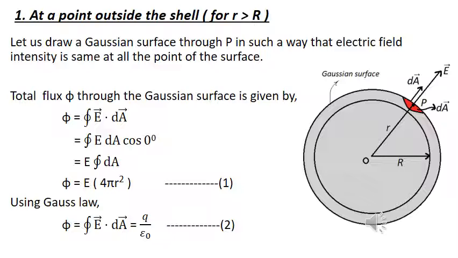So after integrating dA over the whole surface, we get flux phi is equal to E into 4 pi r square. Here 4 pi r square is the total surface area of the sphere. Now using Gauss law we can write phi is equal to closed integral E dot dA is equal to Q by epsilon naught.